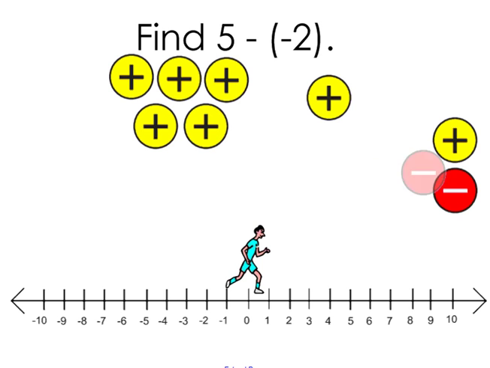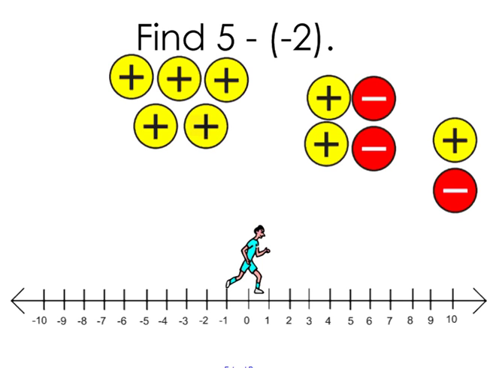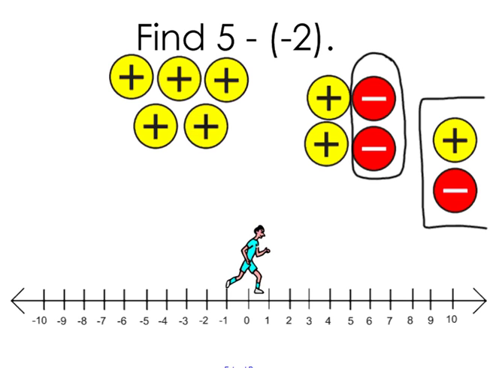So there's 1 0 pair, and there's 2 0 pairs. All of those integer chips still equal 5 when you cancel out the 0 pairs. But now I can take away 2 negatives. So when those are taken away, 5 minus negative 2 is actually going to be positive 7.